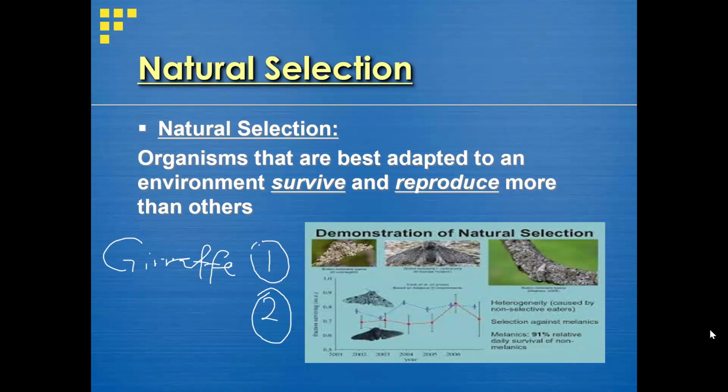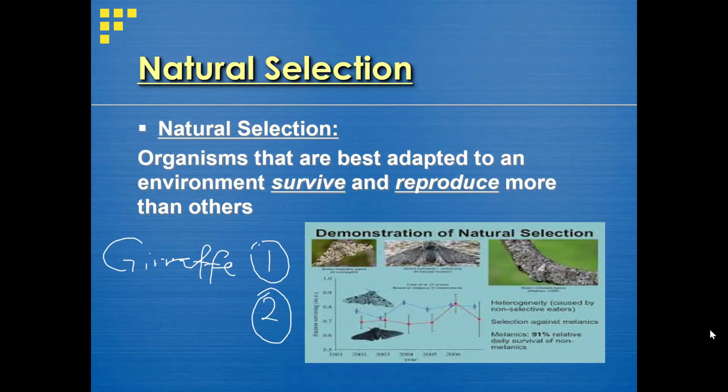At the same time, the giraffe with a shorter neck cannot stretch or lengthen its neck to get those leaves. As a result, it cannot get food to eat and survive, so it will die. And the giraffes with a longer neck are able to get the leaves, eat, and survive.